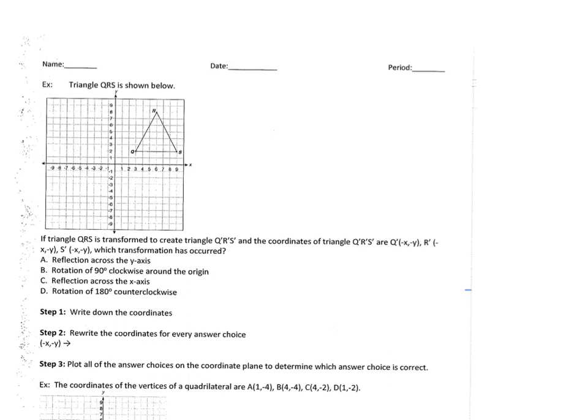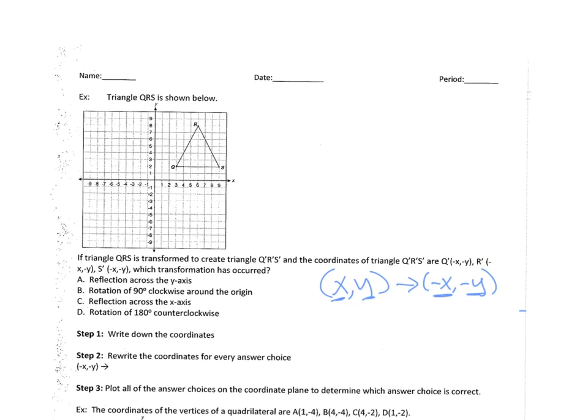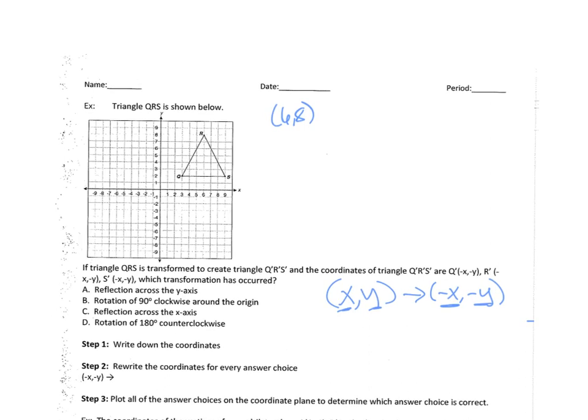So if you're going from X and Y to negative X, negative Y, you're saying that it's the exact opposite of what the original point was. Okay, so if R is at 6, 8, then that means it would be translated to be negative 6, negative 8.